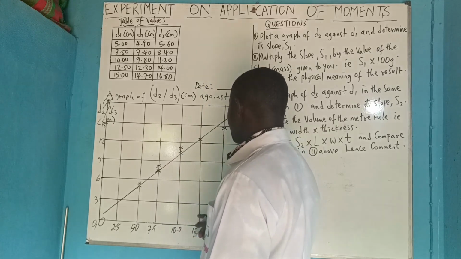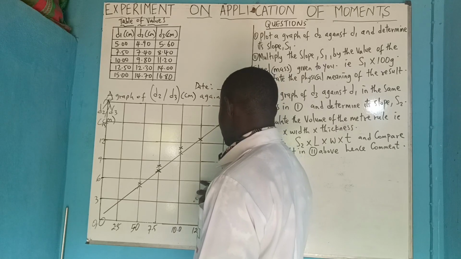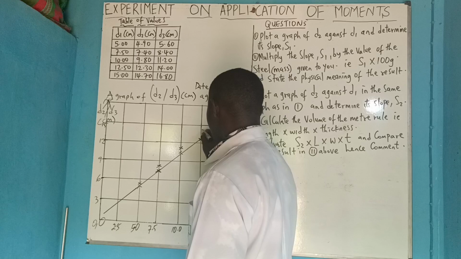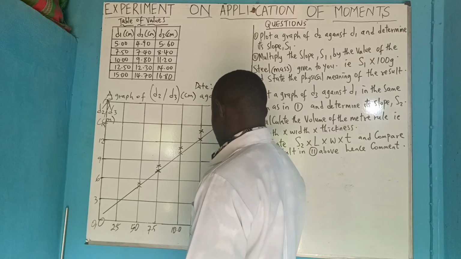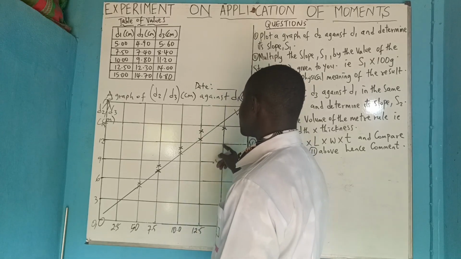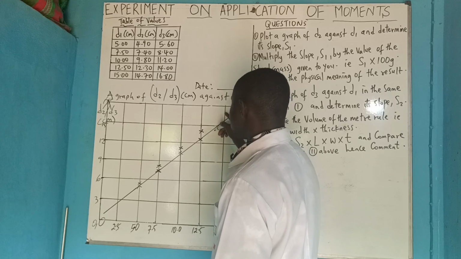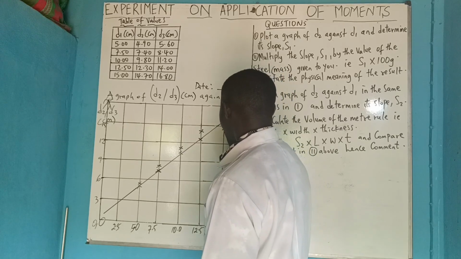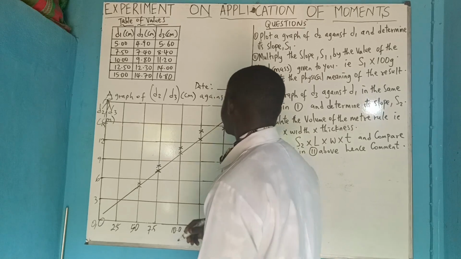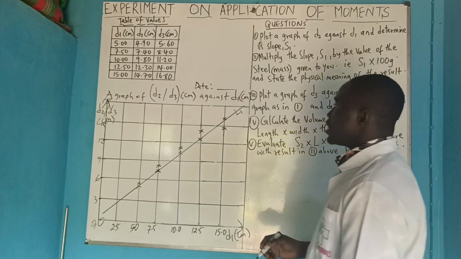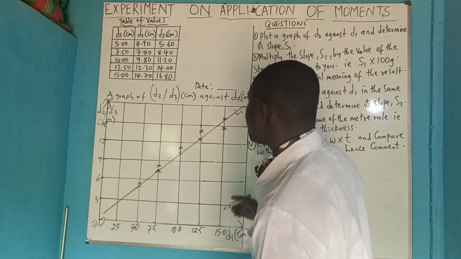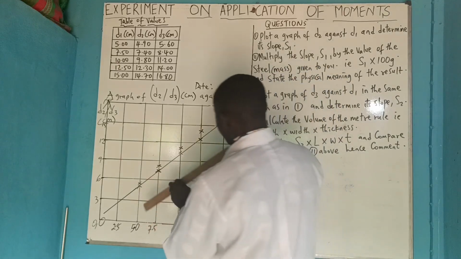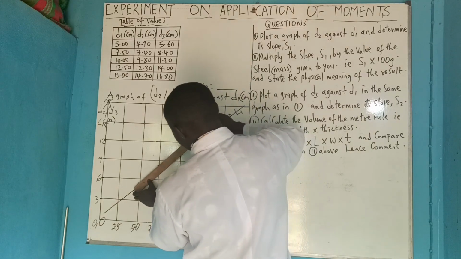And 12.5 against 14, above this. Then 15 against 16.8. So 16.8 will be here. Okay, and so we've succeeded to locate these points. So let's also get the line of best fit of it.